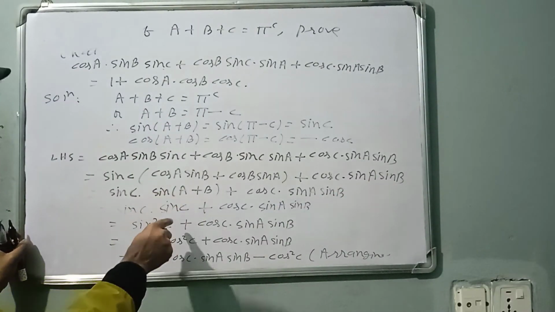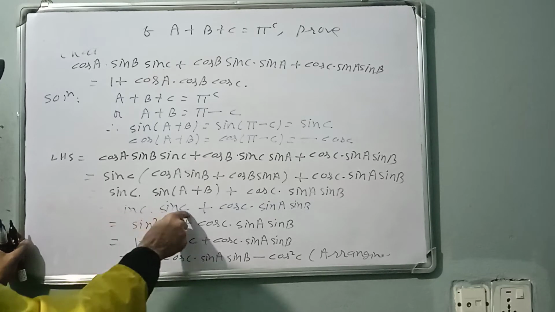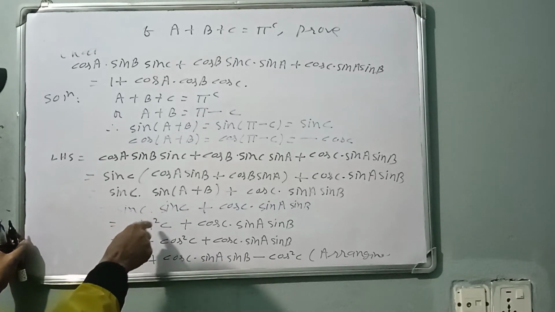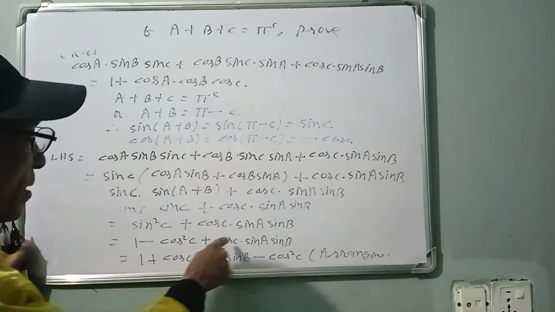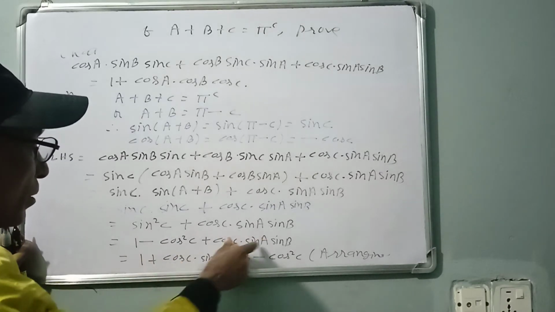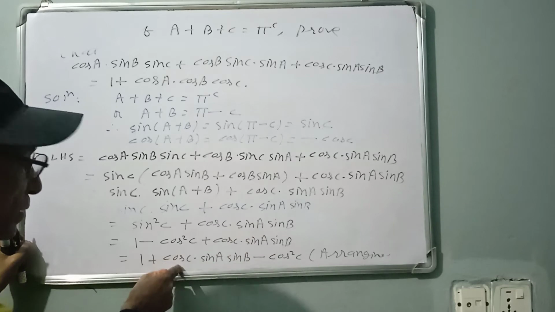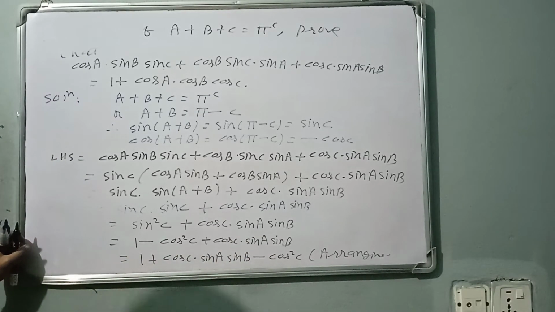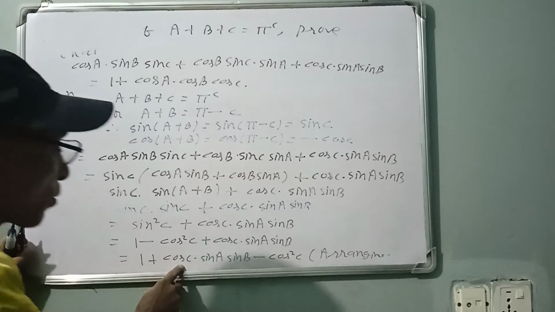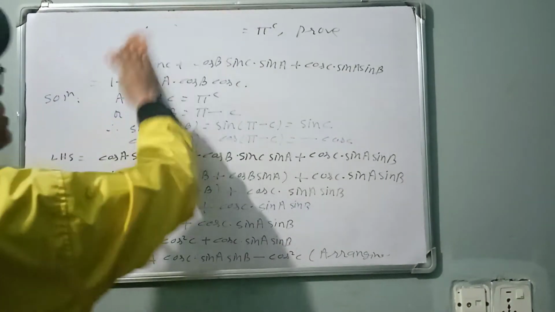Sin C into sin C is sin square C. Change sin square C into 1 minus cos square C, and the third expression is written here, arranging. Now take cos C common.